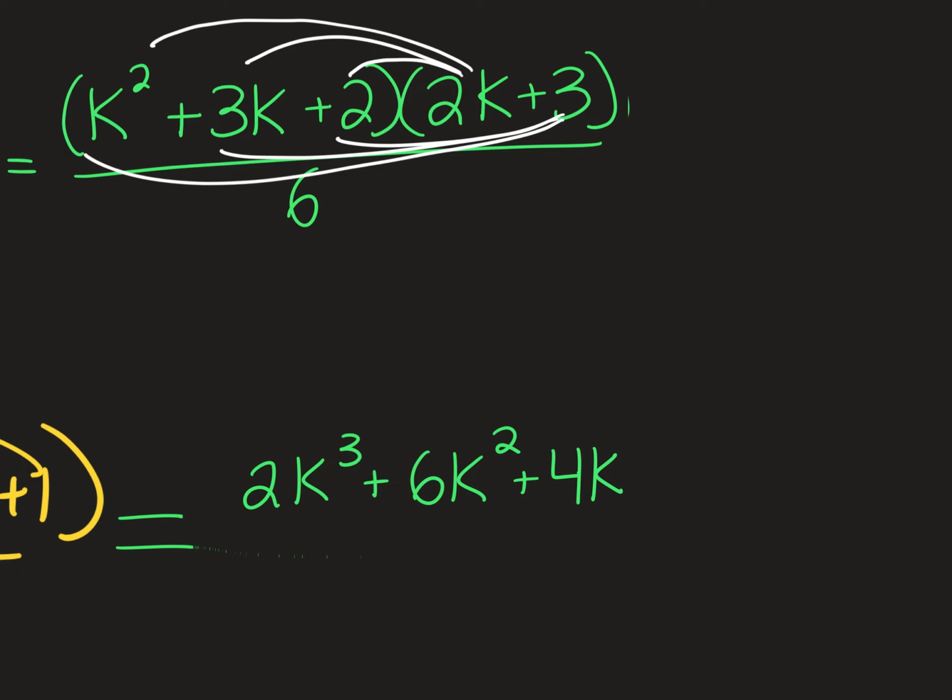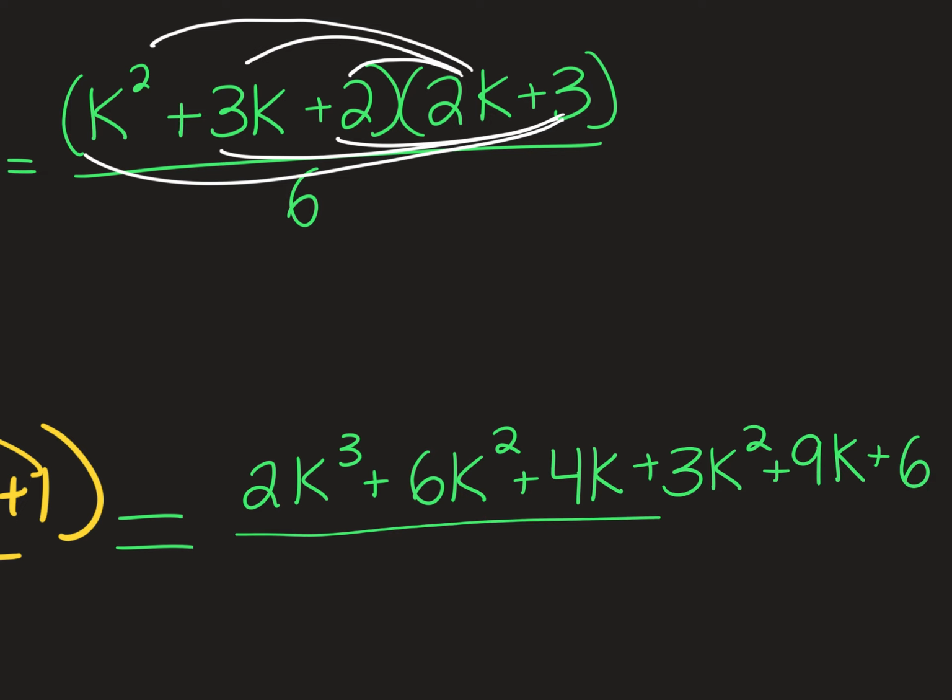And then we're going to distribute 3. So 3 times k squared, that's 3k squared. 3 times 3k is 9k. And then 3 times 2 is 6. Don't forget, this is all still divided by 6.